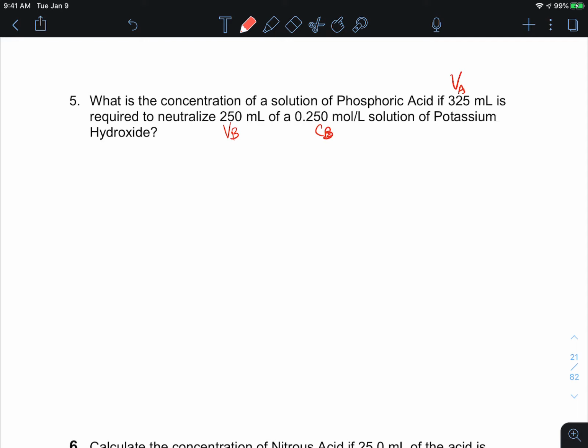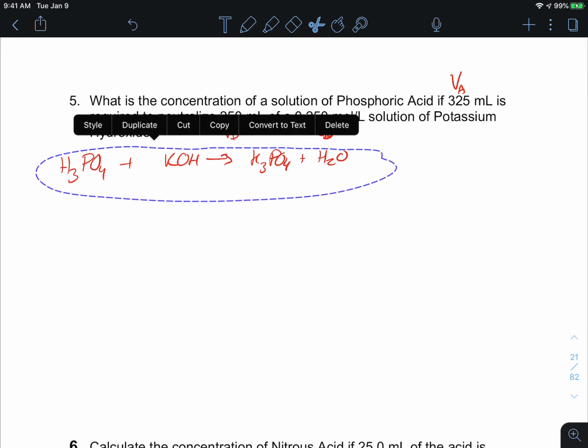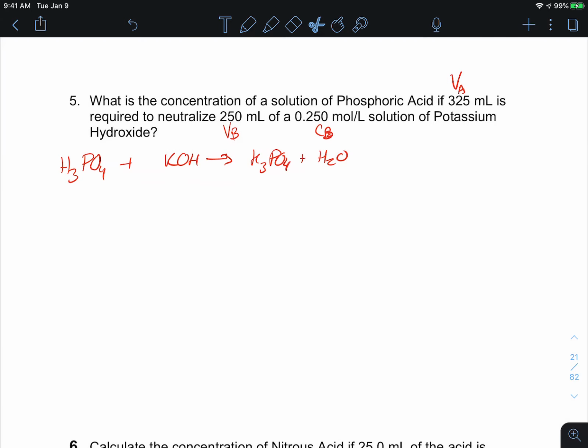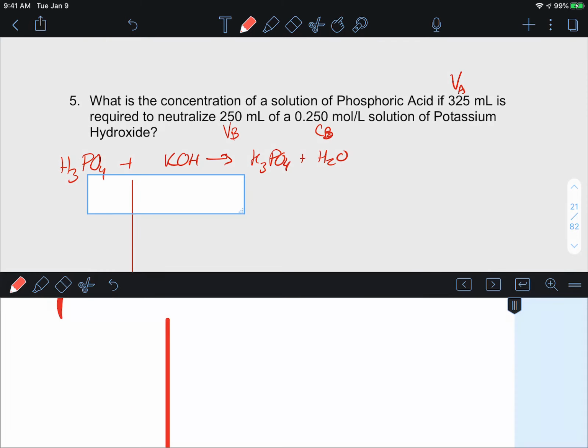Okay, so in this case we have H3PO4 added to KOH, giving us K3PO4 plus H2O. And again, anything with potassium in it is extremely soluble, so you actually aren't forming K3PO4. You're just going to be forming potassium ions and phosphate ions in solution.